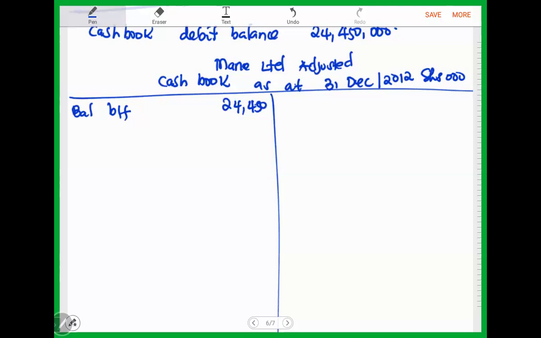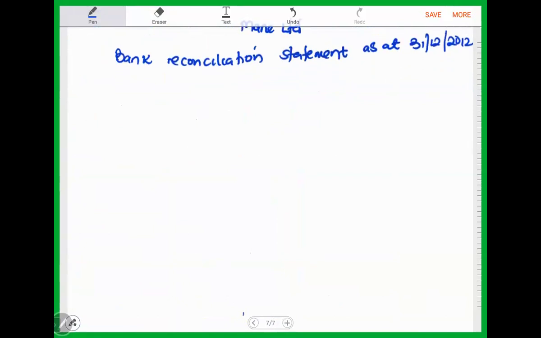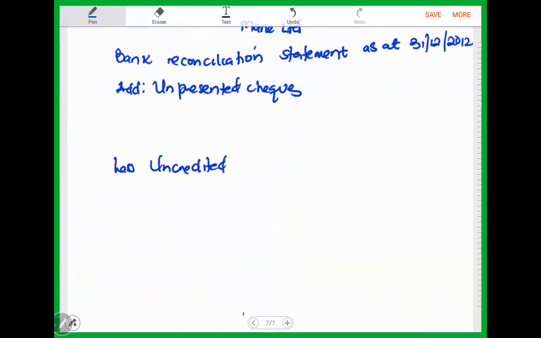And note number 1, they said here, as we have our reconciliations, on this we shall have to add unpresented checks, with less, and because here we have balance as the cash book.